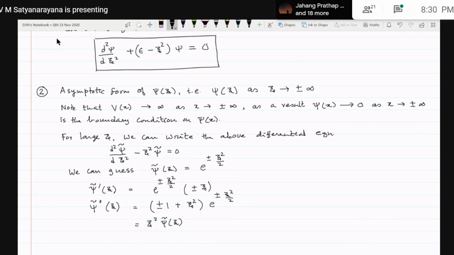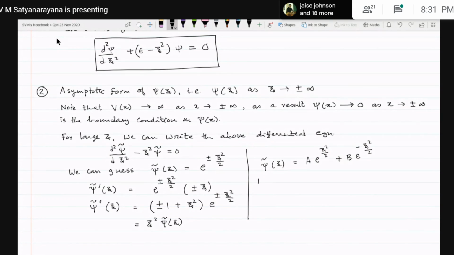Now, this guess has allowed us to write psi tilde of xi as some constant a into e to the power xi square by 2, because these are two solutions, both satisfy this, plus b into e to the power minus xi square by 2.